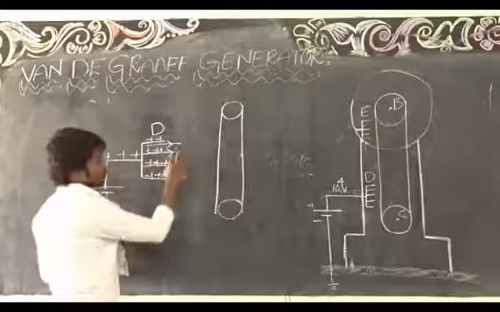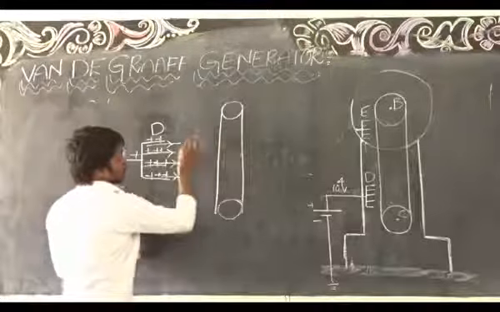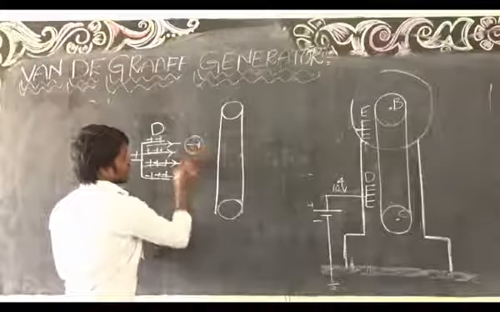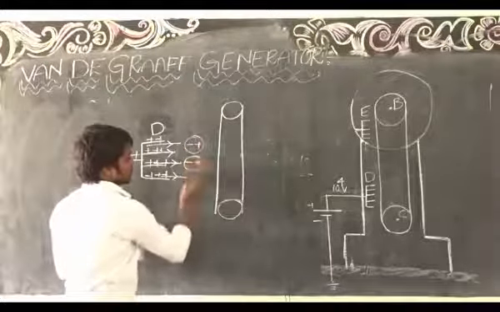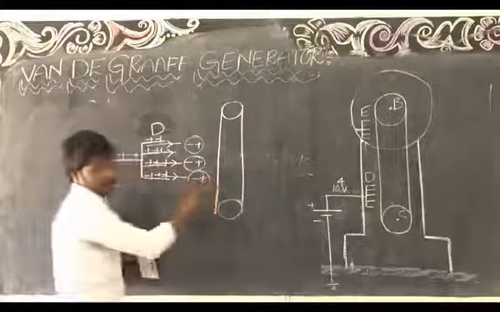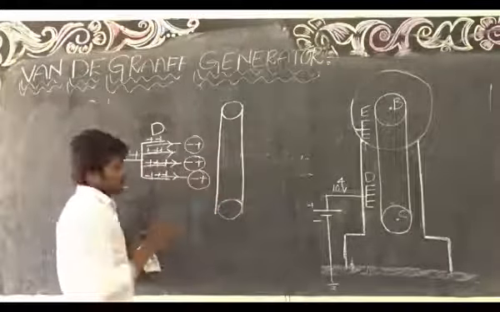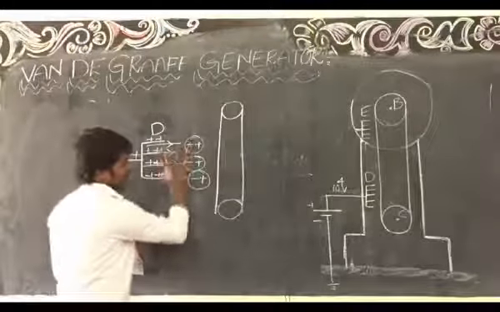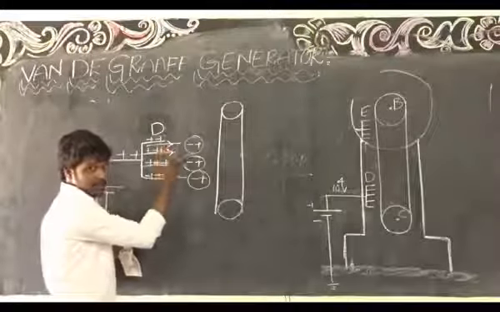Now here air molecules are there: this is minus, this is plus, again minus and plus. I drew this diagram just for clarification. So this electric field will ionize the surroundings.